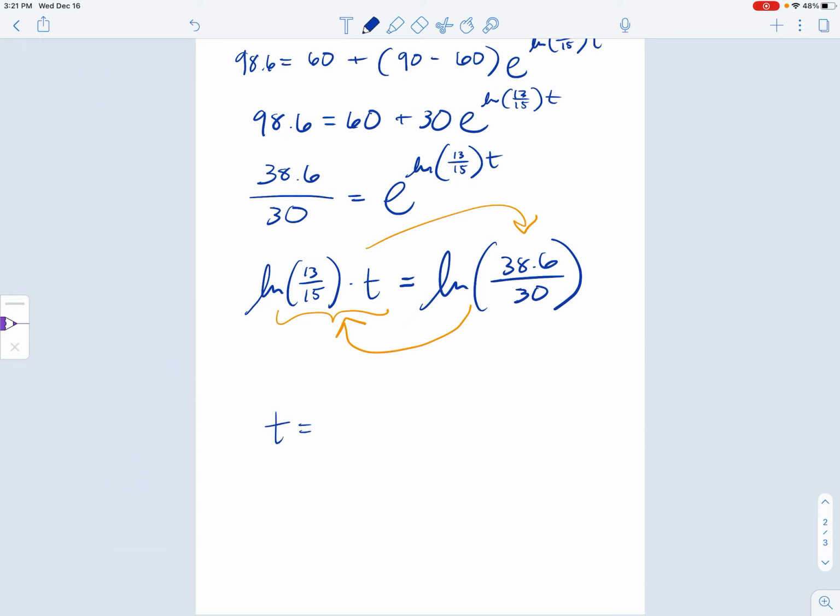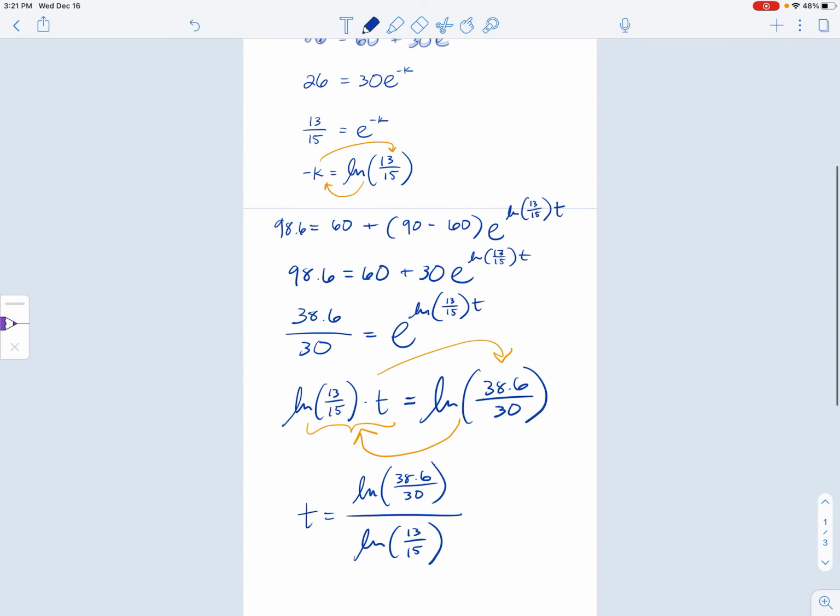So then to finish solving for t, just divide by ln of 13/15 on both sides. So the exact value of t would be ln of 38.6 over 30 divided by ln of 13 over 15.